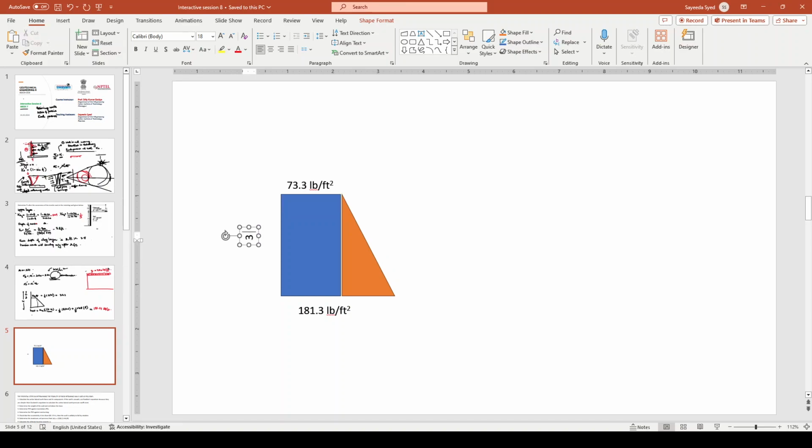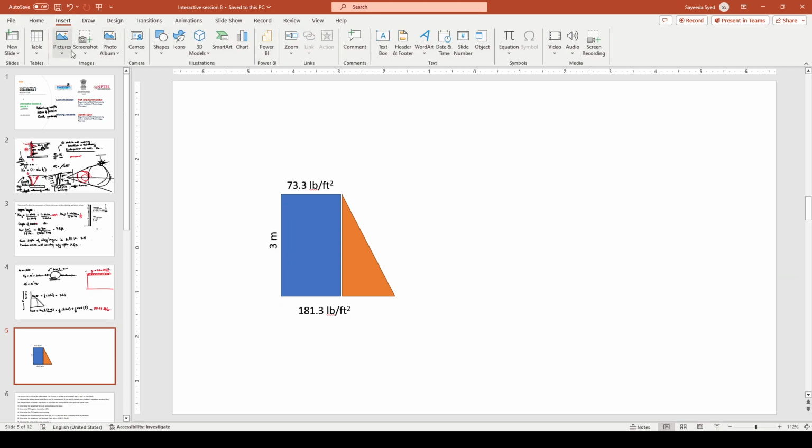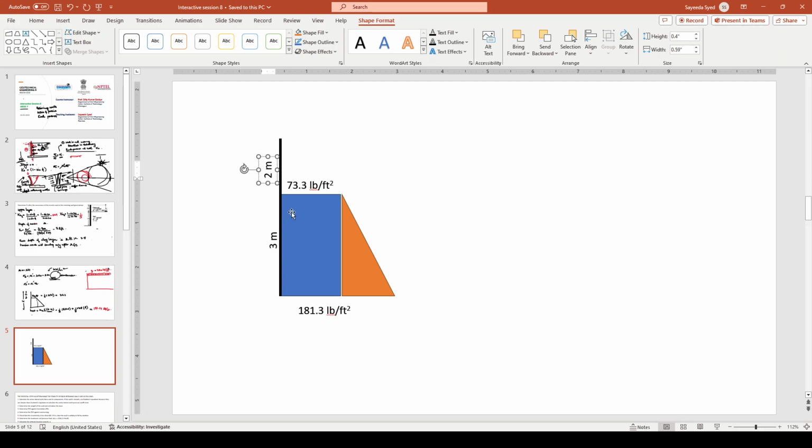Can you calculate the area of this diagram, Vanita? Let's calculate the area of this diagram.